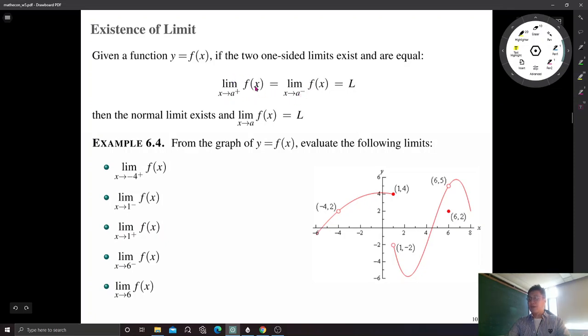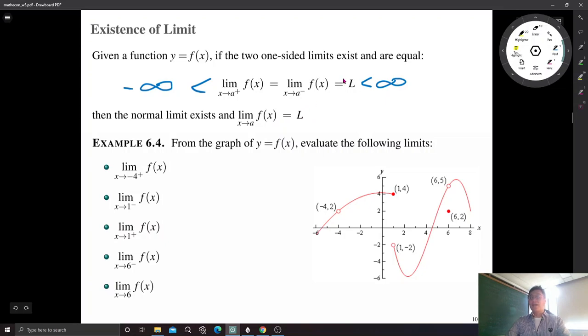If this right-hand limit and the left-hand limit are equal to number L, so L is finite, less than positive infinity and larger than negative infinity, so two one-sided limits exist and are equal to each other, then we say the normal limit, the limit of a function as x approaches a, exists and is equal to the common value of the one-sided limits. So it is equal to L.